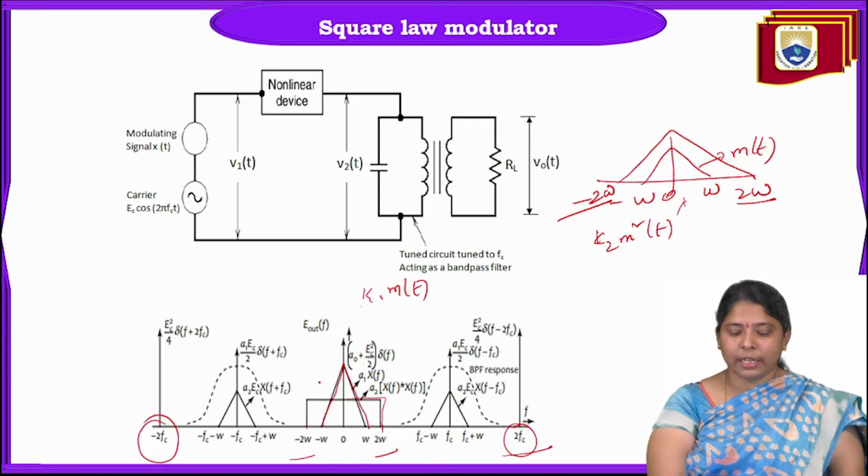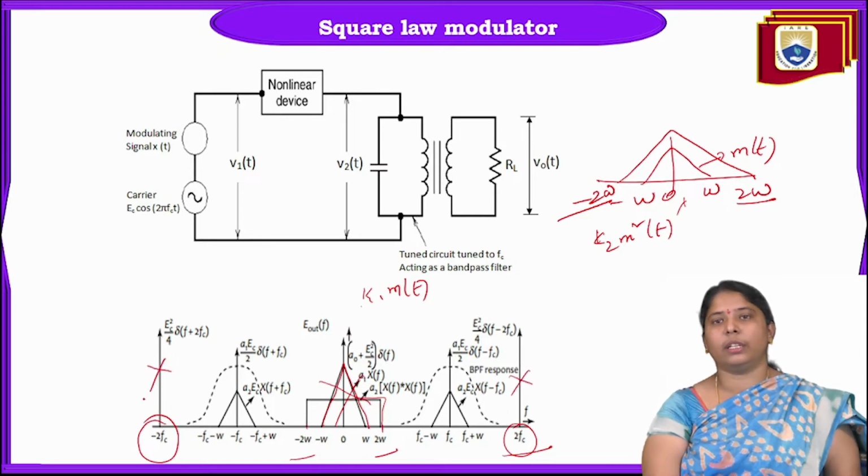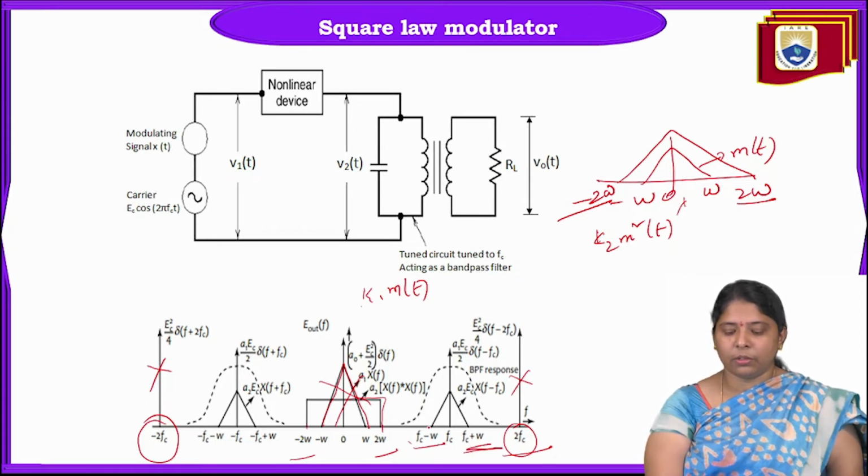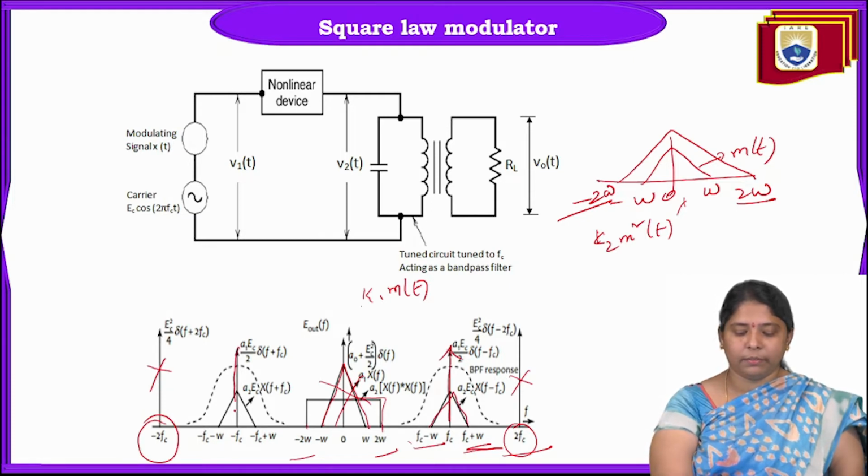So this is rejected by the band pass filter. This term is also rejected and this term is also rejected. It only allows Fc minus W to Fc plus W, so this is going to pass through the band pass filter.